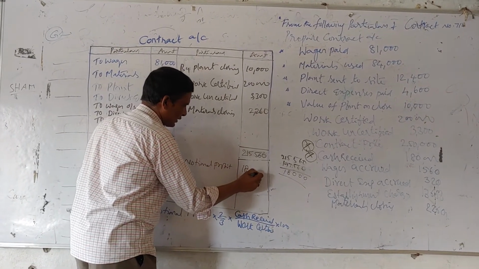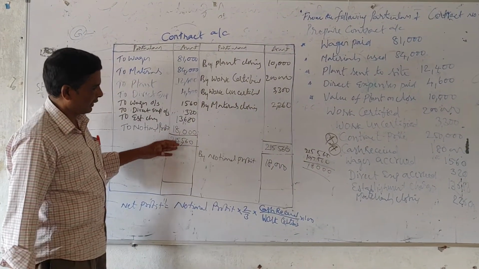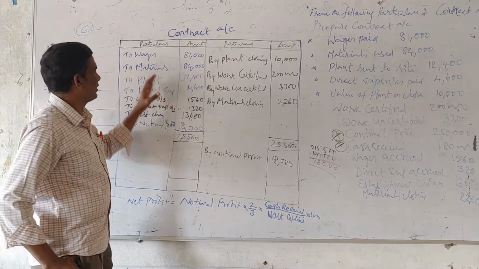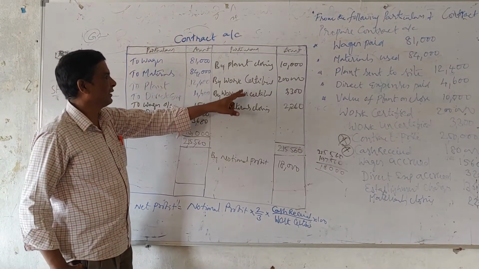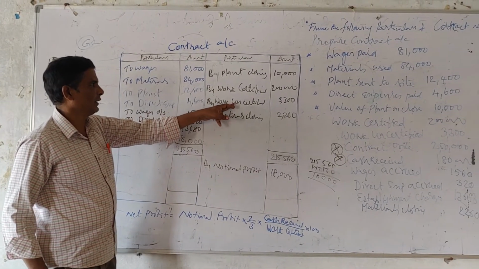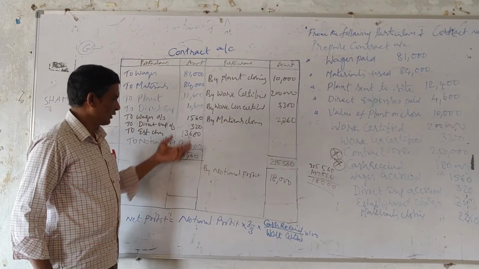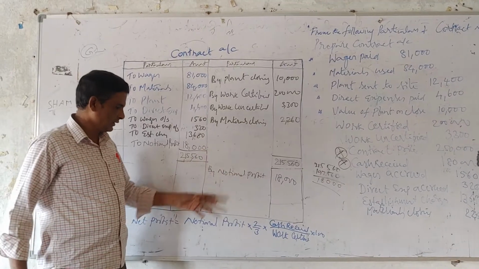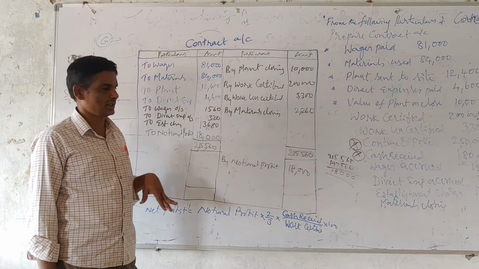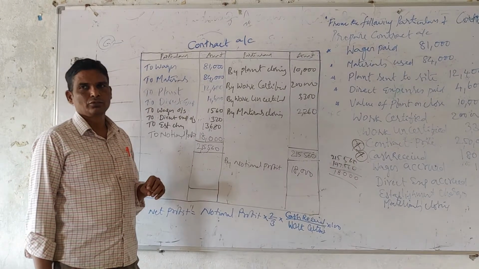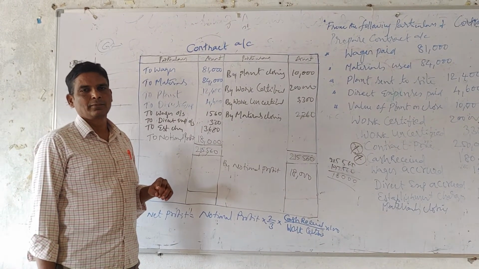So up to this, every student, even an intermediate course student, can do, because he debited all expenses and plant, he credited work certified, work uncertified, plant closing and material closing. So everybody can do up to this. But after this, how to transfer net profit to profit and loss account? Here we have two types of formulas.